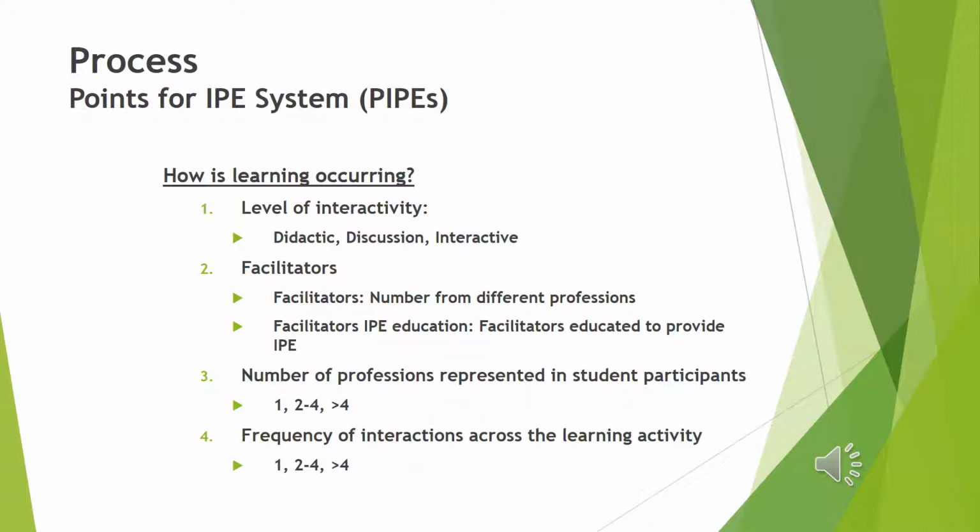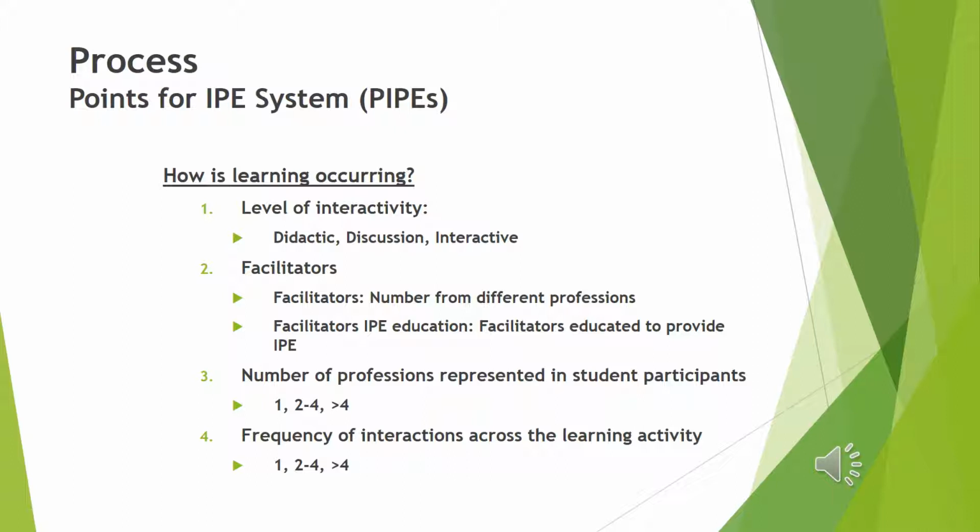Using the Likert scale, a course would receive 0 points if it consisted of only 1 profession, 5 points if it had a group of students from 2 to 4 professions, or if the activity engaged more than 4 different professions, full points would be given.